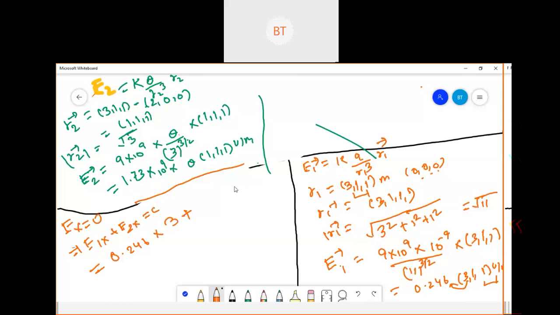Since the x component is 0, the other value is 1.73 into 10 to the power 9 into q into 1, that is equal to 0. If you calculate here, you will get the actual value. After substituting in the calculator, you will get the value of q equal to minus 0.426 into 10 to the power minus 9 coulomb.